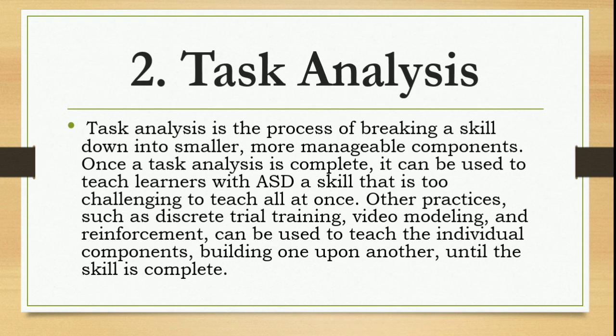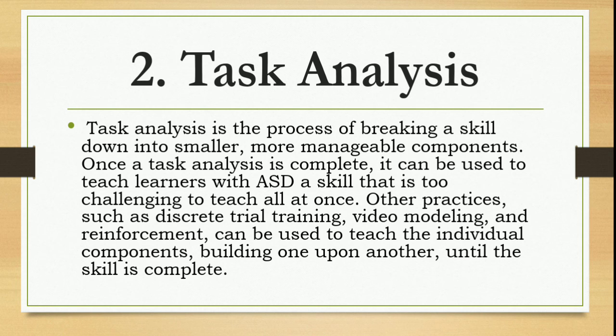Next is task analysis. A task analysis is the process of breaking a skill down into smaller, more manageable components. Once a task analysis is complete, it can be used to teach learners with ASD a skill that is too challenging to teach all at once.